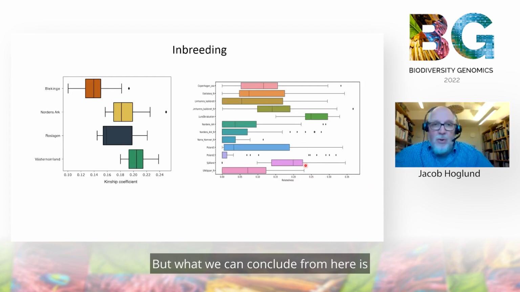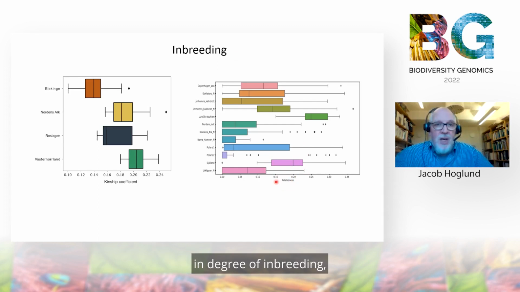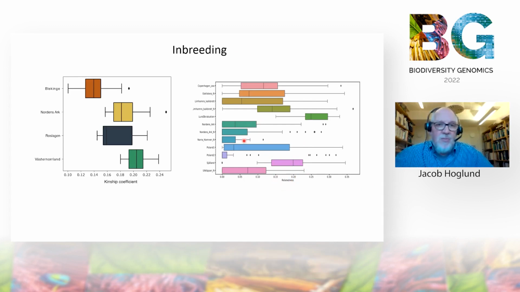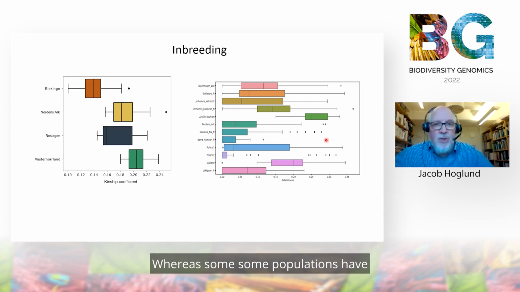But what we can conclude from here is that different populations vary quite a lot in degree of inbreeding. The least inbred populations are the ones at a few sites in Skåne and one of the Polish populations, whereas some populations have rather high inbreeding levels.